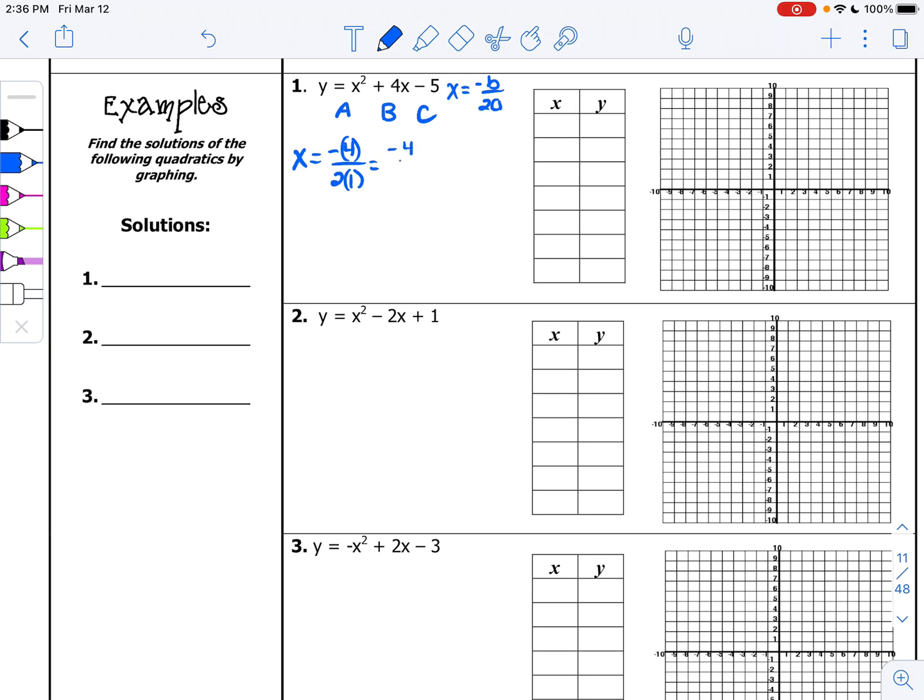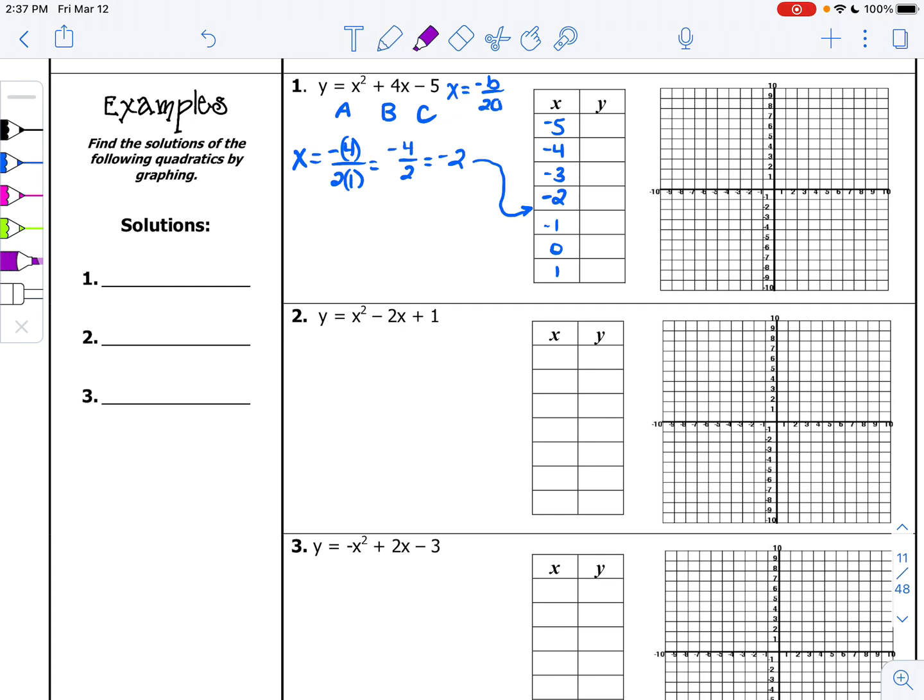This would result in negative 4 over 2, and negative 4 divided by 2 is negative 2. So my axis of symmetry is negative 2. This will go in the middle of my table. And then we're going to fill in the rest with negative 1, 0, 1. And then above it, negative 3, negative 4, negative 5.